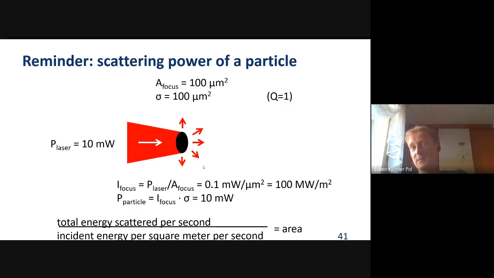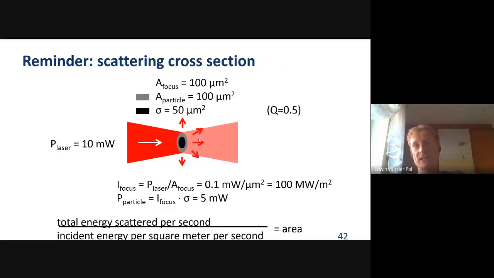Now, in reality, and especially for biological particles, the scattering cross-section is never the real size of the particle, and it is most of the time smaller. A more realistic picture would be this. The area of the particle is 100 square micrometers, that's the real physical cross-section. But the scattering cross-section, sigma, is in this case half of this area, 50 micrometers squared, so the scattering efficiency Q is 0.5.